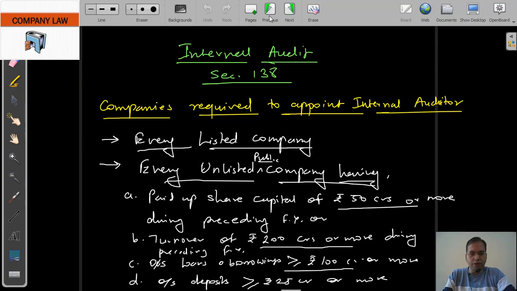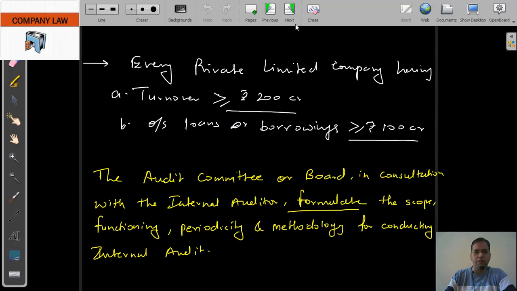So who is required to appoint an internal auditor? Every listed company, every unlisted public limited company, based on paid up share capital, turnover, outstanding loans and borrowings. That criteria is there. Outstanding deposits criteria is also given. Then even every private limited company, for that matter.